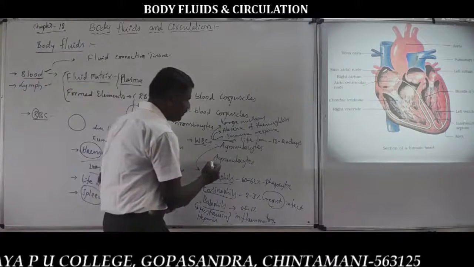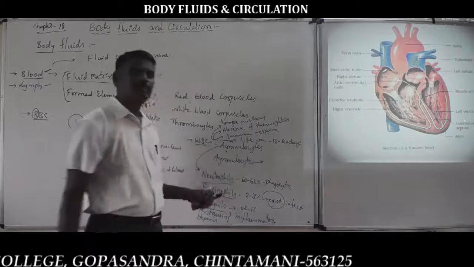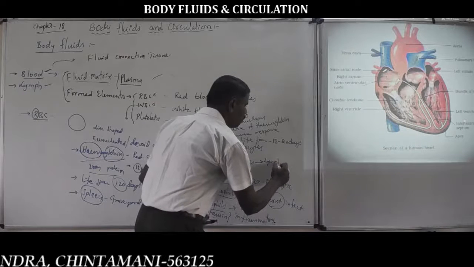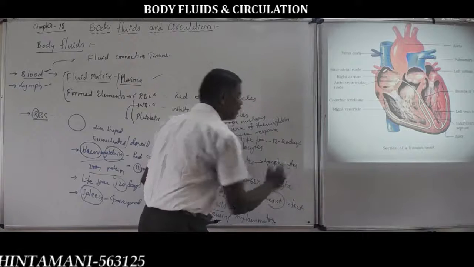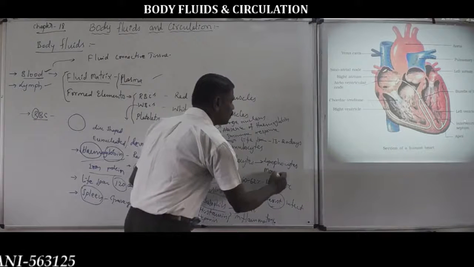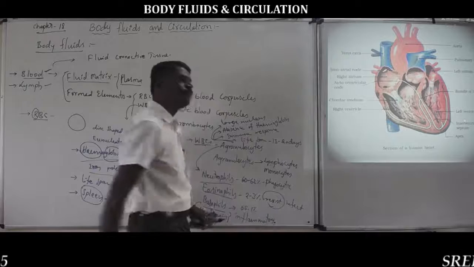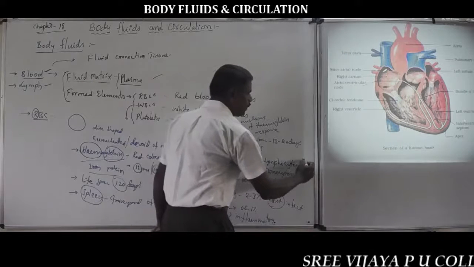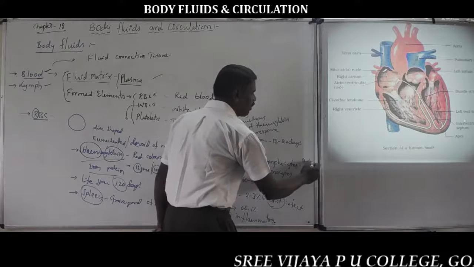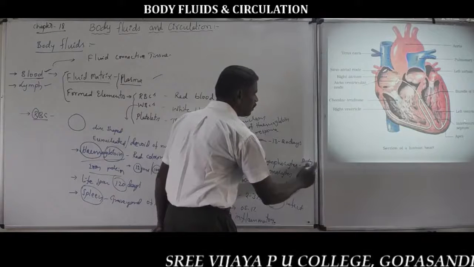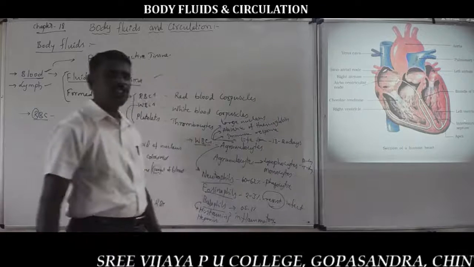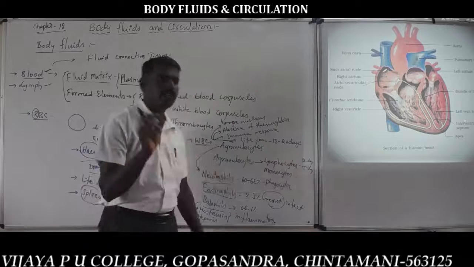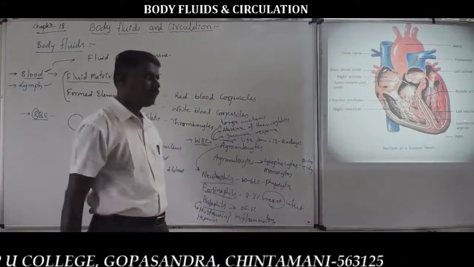The other group is the agranulocytes. The agranulocytes are of two types, that is lymphocytes and monocytes. The lymphocytes are of two types, B lymphocytes and T lymphocytes, which are both involved in the immune response of our body.